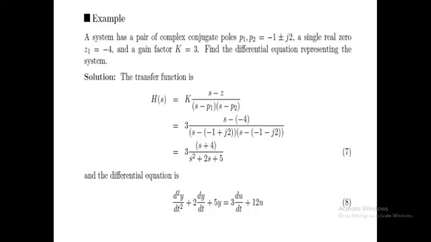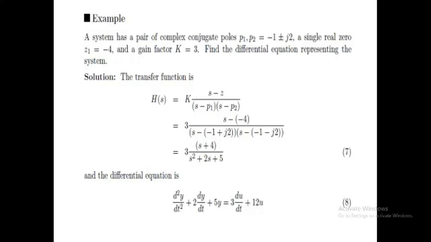Now we have a single zero, z1 equals minus 4. So write down the numerator as (s minus z), because z indicates the zeros of the transfer function, and when we put this value of z we get the numerator. Similarly, if we put the values of p1 and p2 in the denominator, we get the denominator of the transfer function. And k is obtained as a constant, since all these values are given.